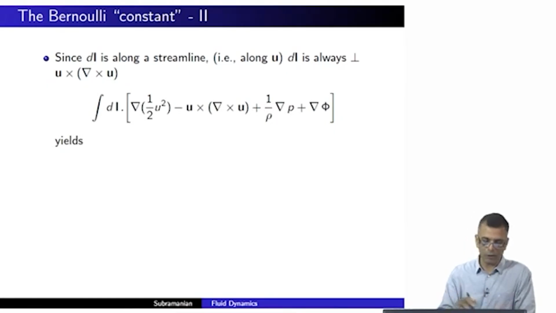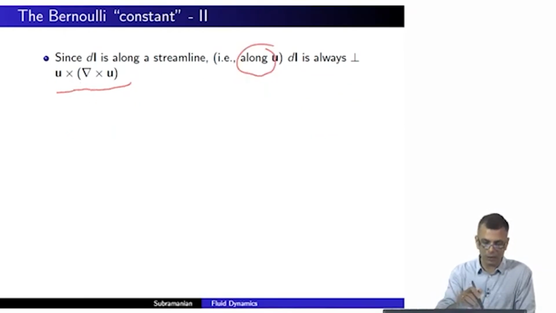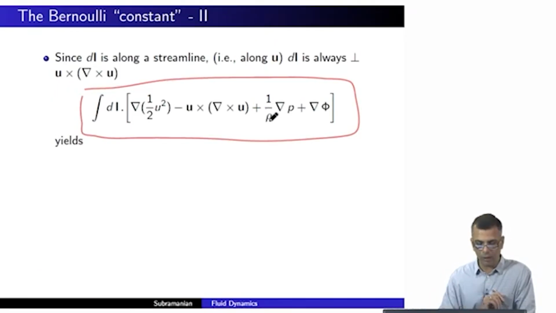First of all, apart from this, this thing is simply integrating. This is simply this. So, this line is simply expressed here. And then we make use of this one. So, dl is always perpendicular to this entire thing.